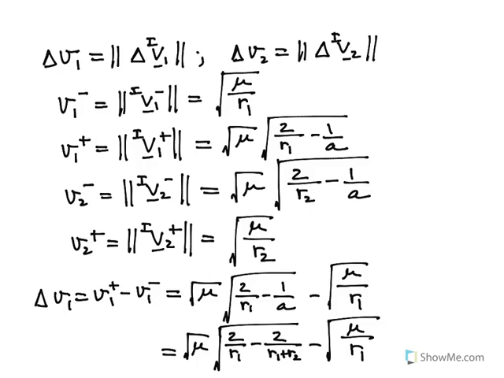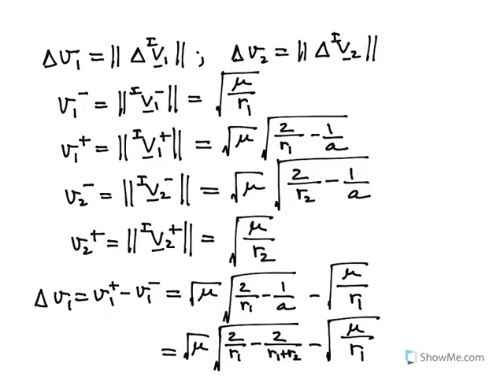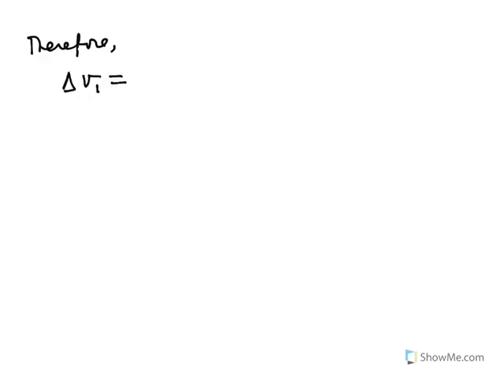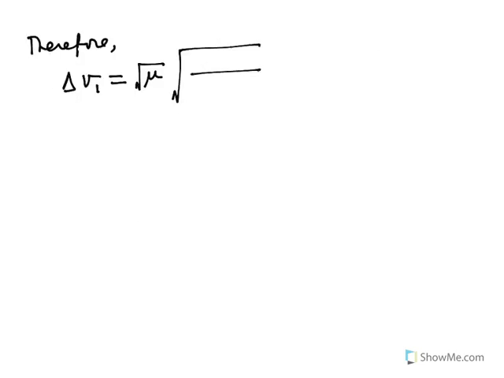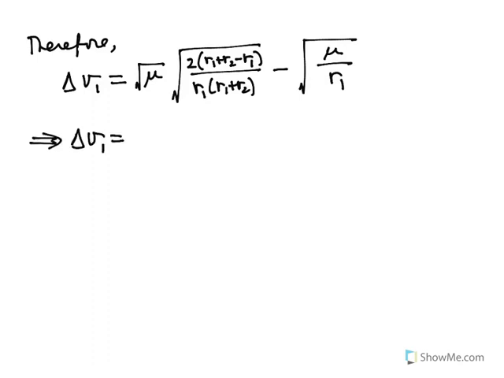So now what I can do is simplify this, which gives delta v1 is equal to, I've got the square root of mu times the square root. So let's do this. Let's put this all under one denominator, so common denominator. I've got 2 times r1 plus r2 minus r1, minus the square root of mu over r1, which gives delta v1 is equal to the square root of mu times the square root.